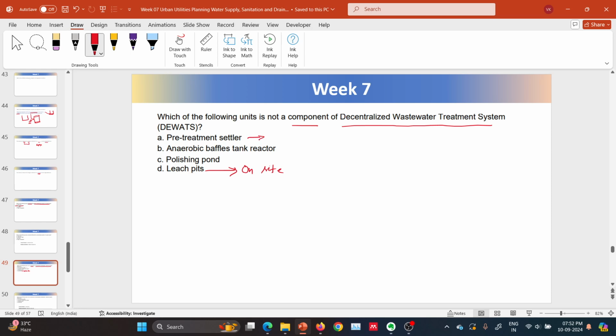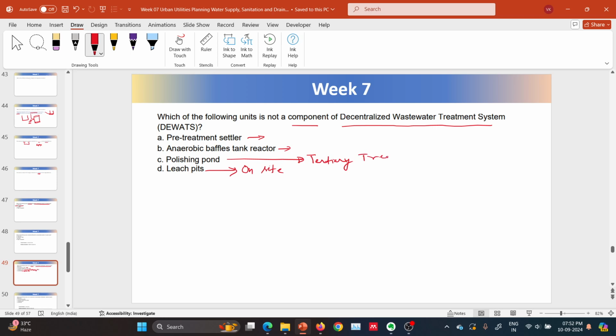Pre-treatment settler is a part of decentralized system. Anaerobic baffled reactor is also part of decentralized wastewater treatment. Polishing pond after the secondary treatment can be used as a tertiary treatment unit.